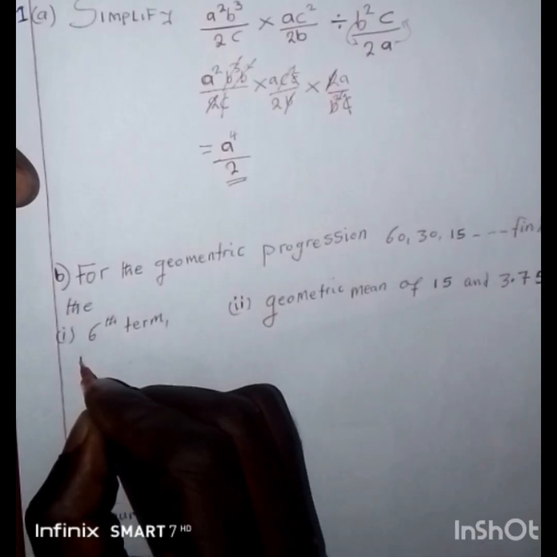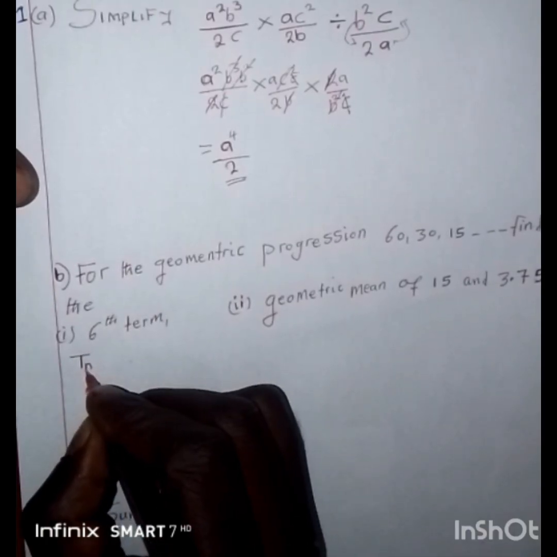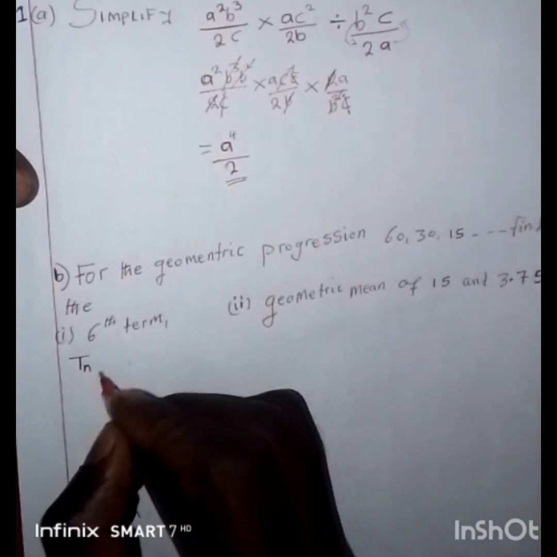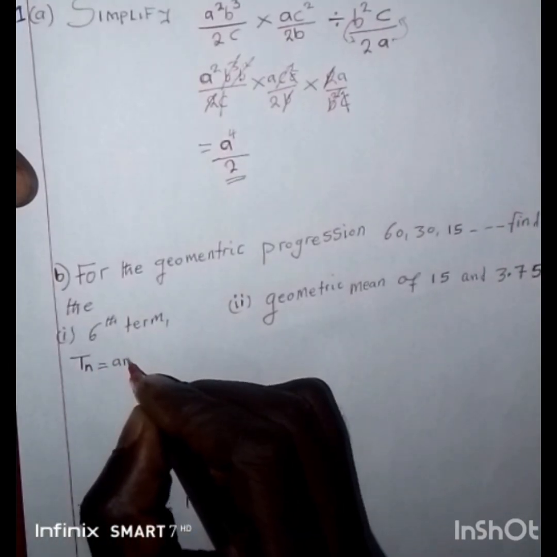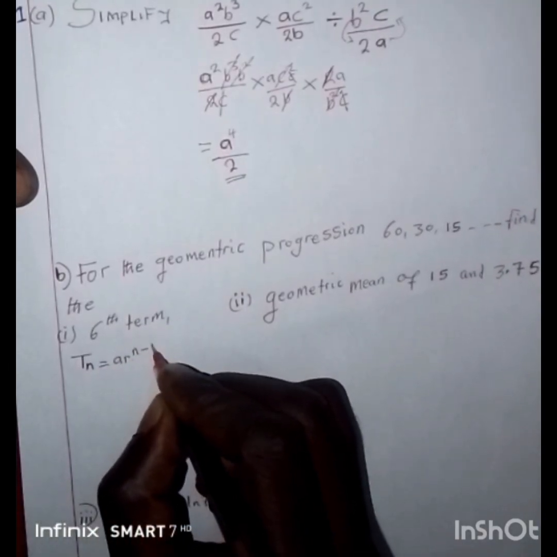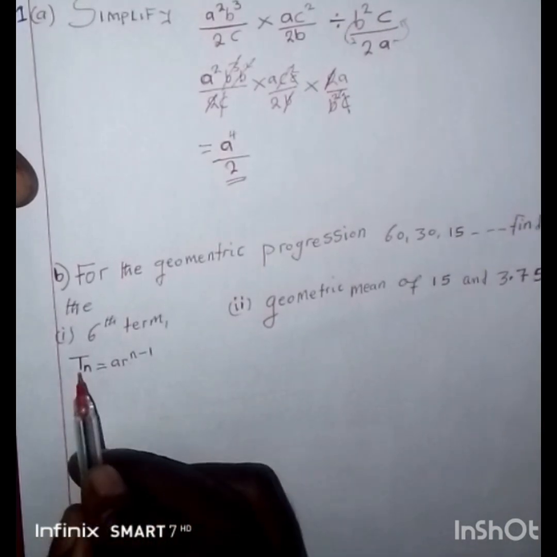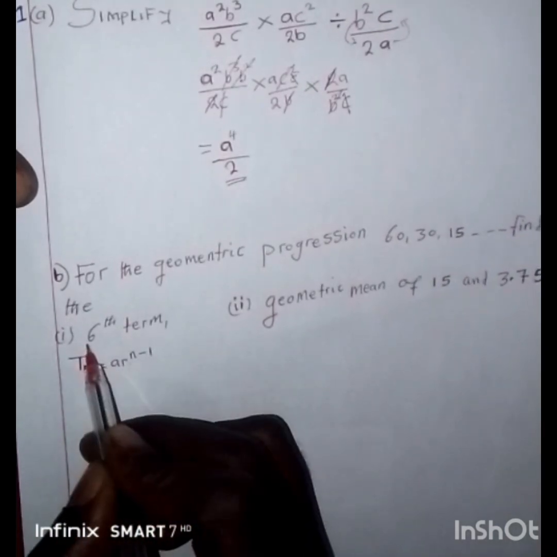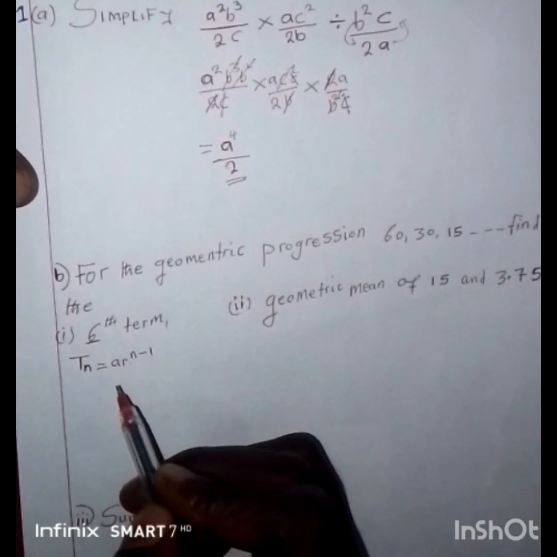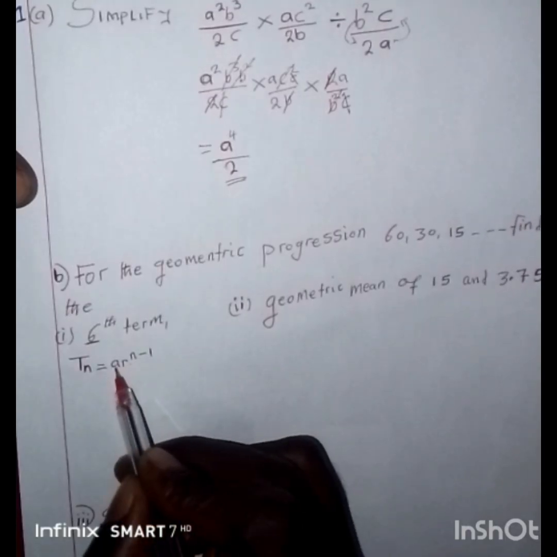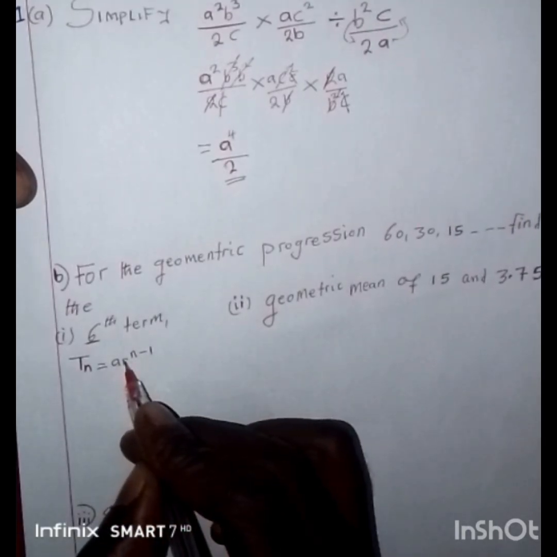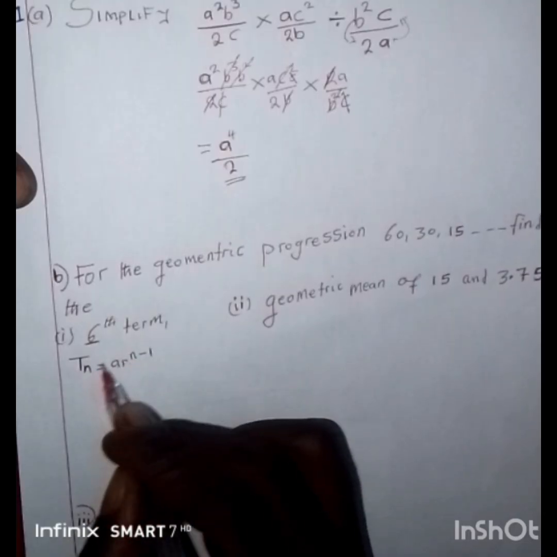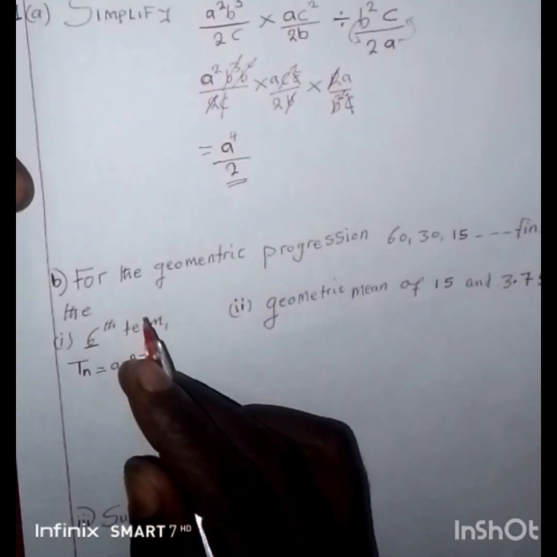We're going to use the nth term formula, which is equal to ar power n minus 1. What is nth term? We are given that it is the 6th term. Then a represents the first term. Then r is the common ratio. Then n is the term number, which is 6, which we are given.